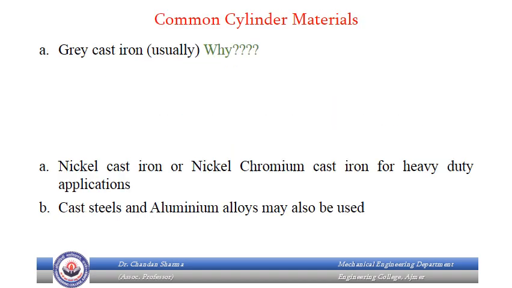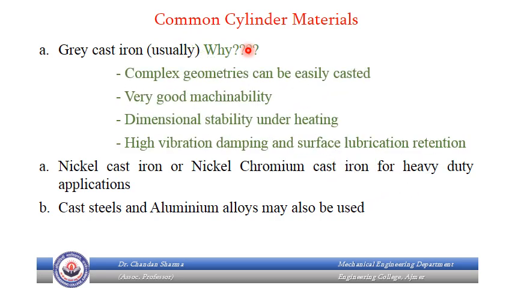What are common cylinder materials? The most common cylinder material is grey cast iron. Now the question arises why grey cast iron is usually preferred as a common cylinder material. There are few advantages with grey cast iron. The primary one is that with grey cast iron, complex geometries can be easily cast.